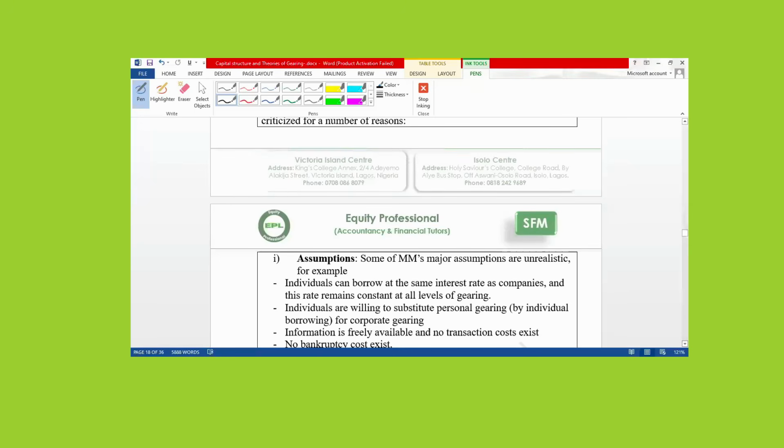The Modigliani and Miller model has been criticized for a number of reasons. This includes the assumptions of the model. Some of the assumptions are unrealistic. Some of Modigliani and Miller's assumptions are not realistic.